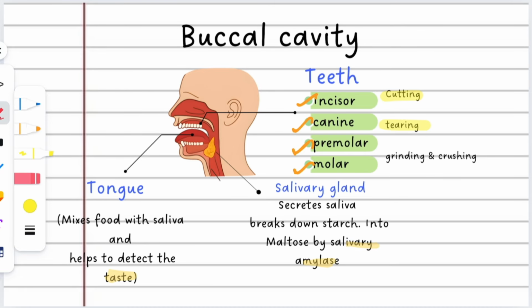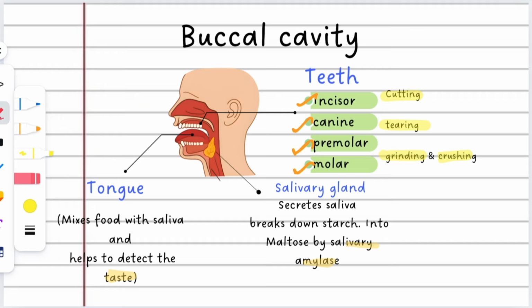We often see canines in carnivores like lions and tigers, because they need to tear fresh raw meat. We also have canines, but in a small size. Lastly, premolars and molars are the main teeth. They help in grinding and crushing the food.